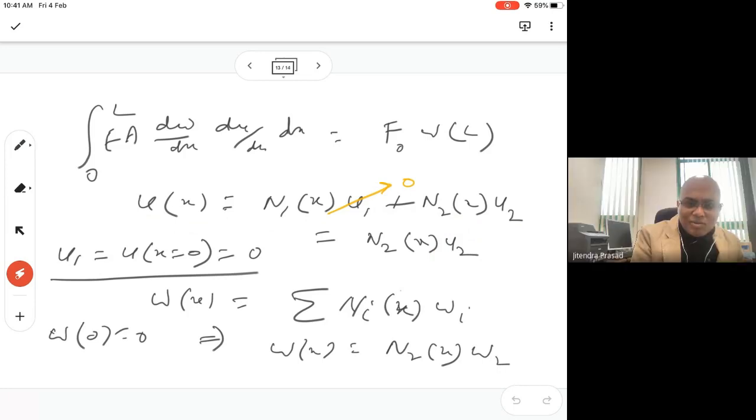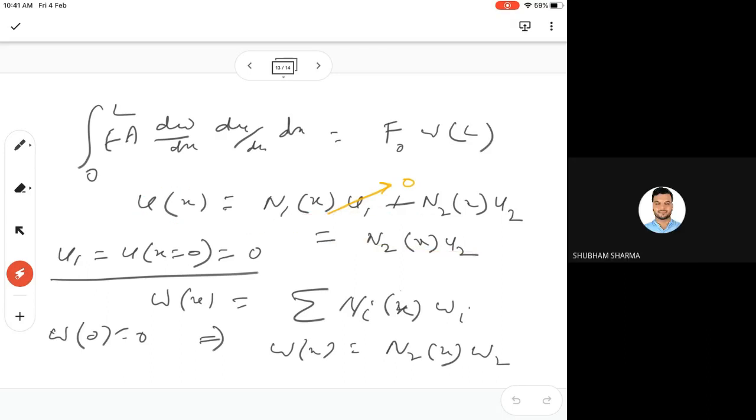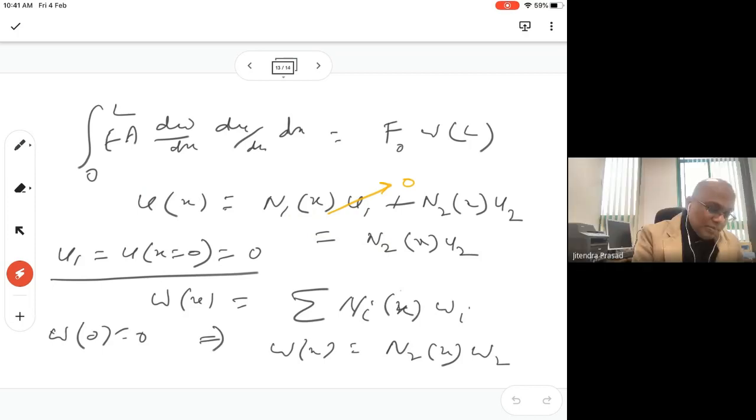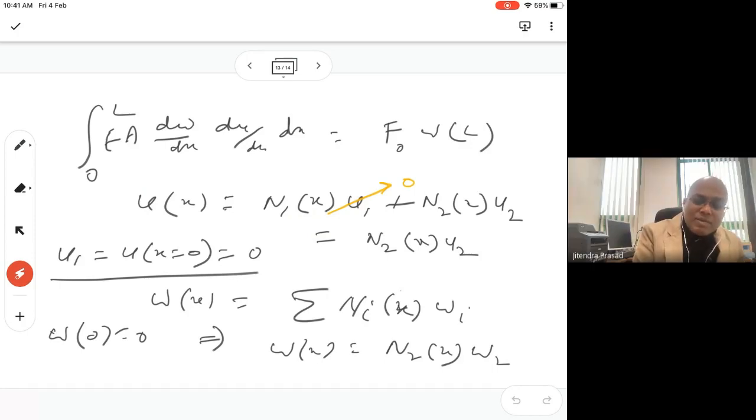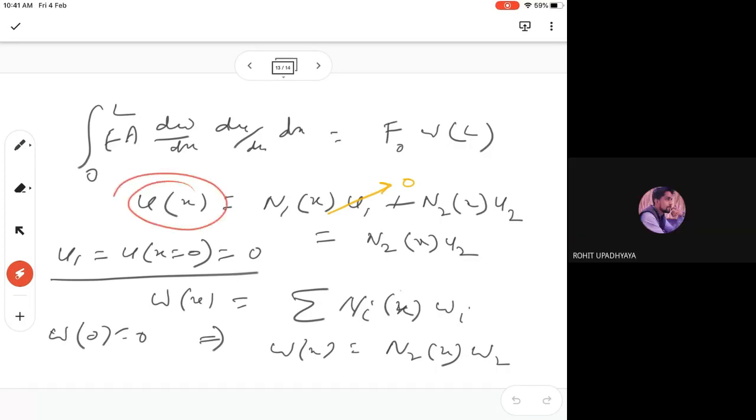What do you mean by node 1 only? u(x) is for the whole thing, no? No sir, I'm saying that what we are finding right now in the LHS part is for the whole element. It's not for node 1 only. So he means to say that we have put the boundary condition for the LHS, that is at x equal to 0, u1 is equal to 0.